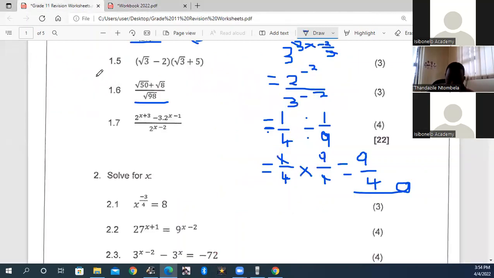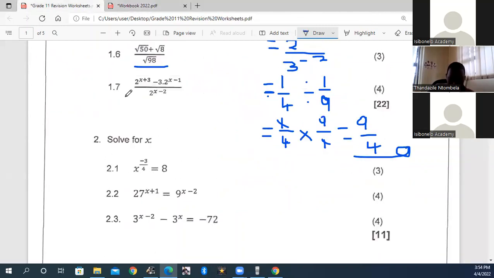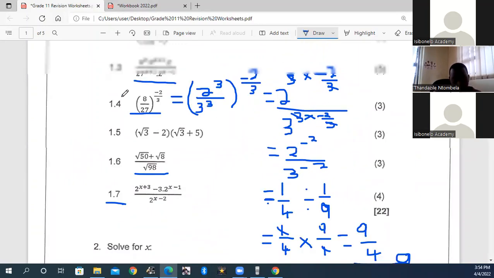Sekuphelile. Next 1.7. So 1.7 see u4 max.